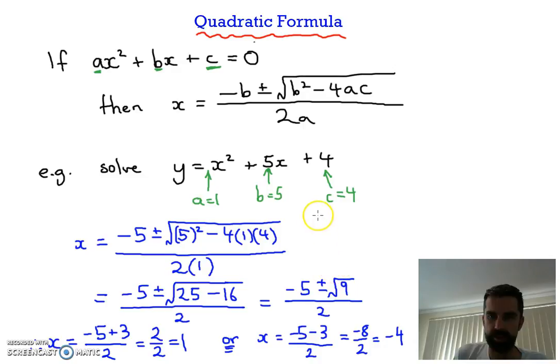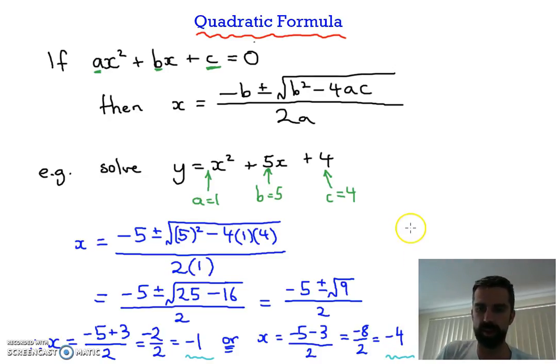So the two solutions for this equation are x equals, oh, and I have made a mistake, but I'm not going to delete the whole video, I'm just going to correct my mistake. Negative 5 plus 3, of course, is negative 2, which over 2 is negative 1. So I do have two solutions here. The first solution is negative 1, and the second solution is negative 4.